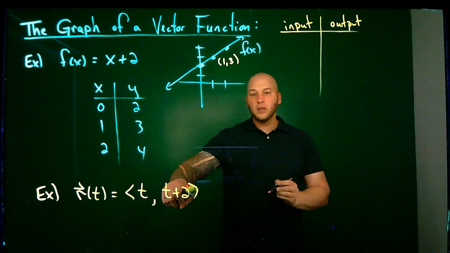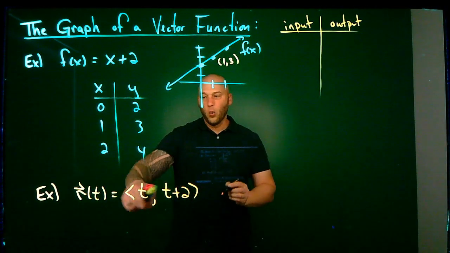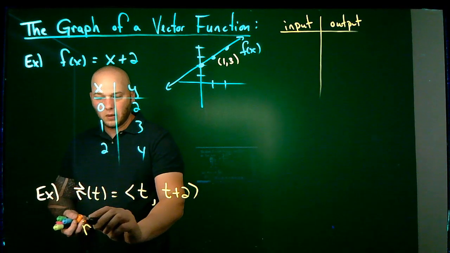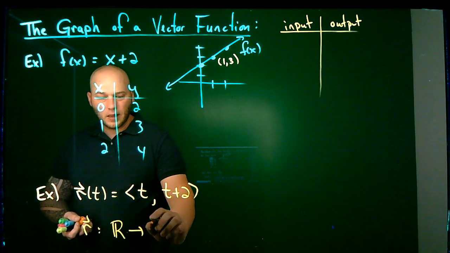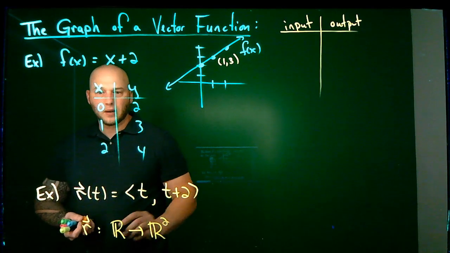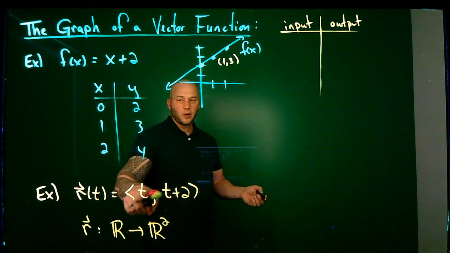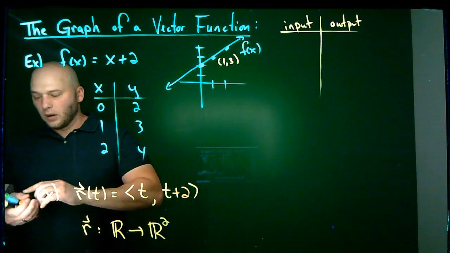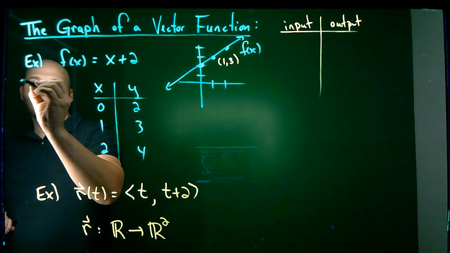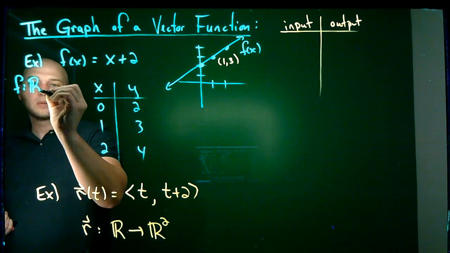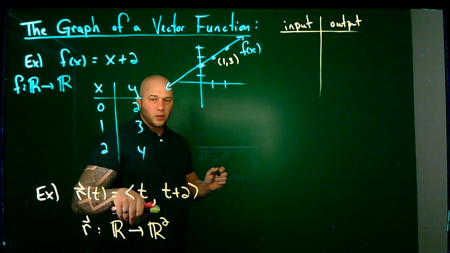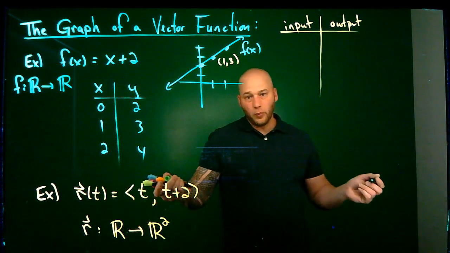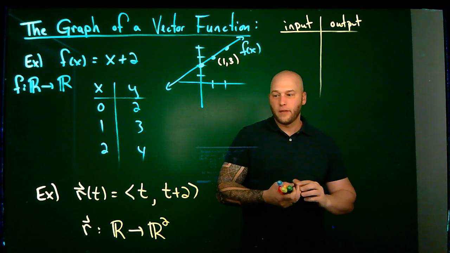This is a function from R. It takes real numbers and outputs vectors. So it's a function from R to R2, whereas up here, this was a function from the real numbers to the real numbers. One input, one output. Down here, I have one input and one output, but that one output is a vector.